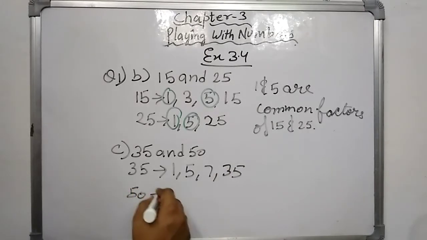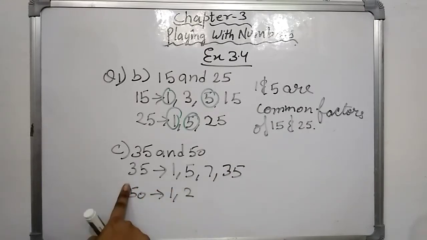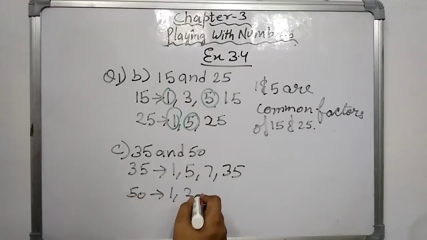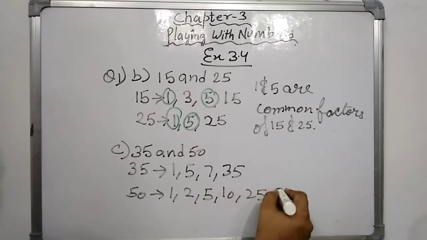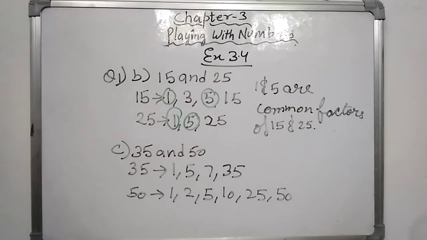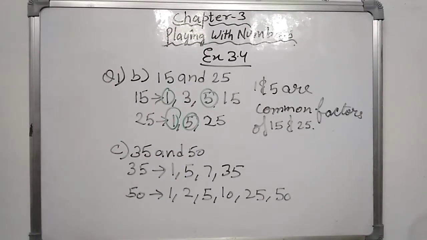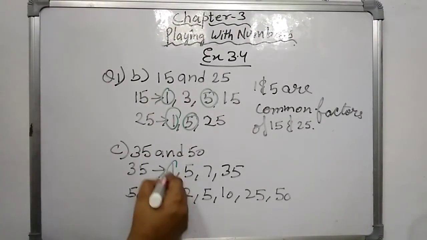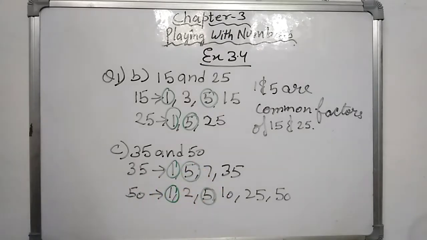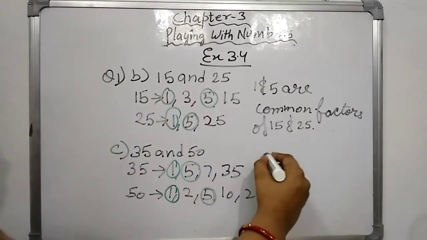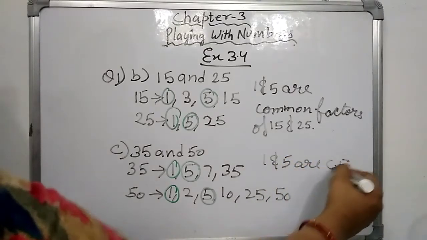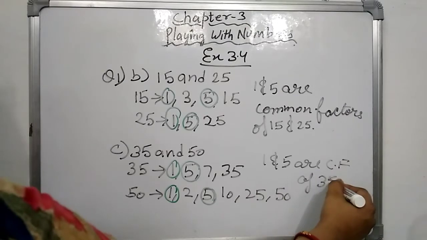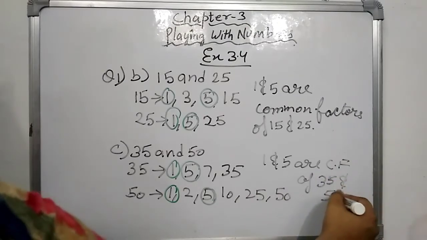Factors of 50, 1, 2, 5, 10, 25 and 50. These are factors of 35 and 50. Common factors are 1 and 5. So again we will write 1 and 5 are common factors of 35 and 50.